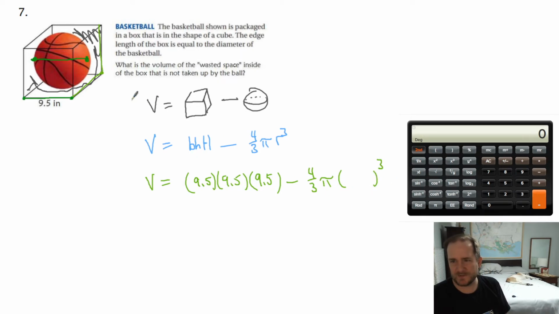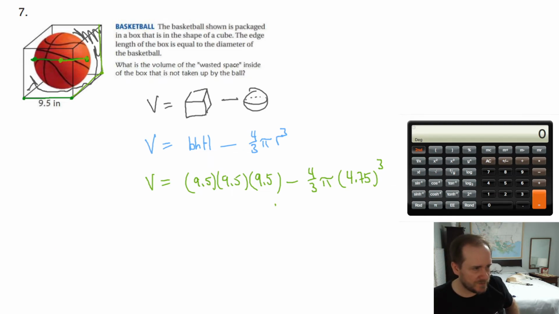So what's the radius? Well, the radius would just be half of 9.5. Now that's going to be an ugly decimal, but that's okay. Half of 9.5 is 4.75. So guess what? For this problem, you can just go ahead and use decimals. It's fine. We're trying to just get an approximation anyway.